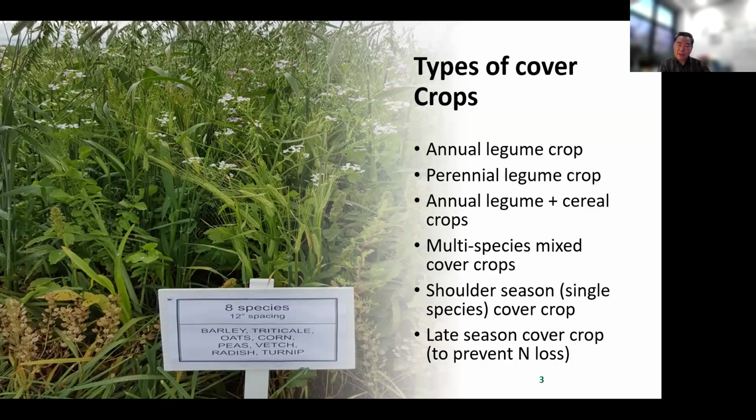There's another kind of cover crop called late season cover crops, and both organic and conventional producers use these. They seed it late, but the purpose is to let this cover crop take up all the excess nitrogen in the soil, to prevent it from being eroded or lost.